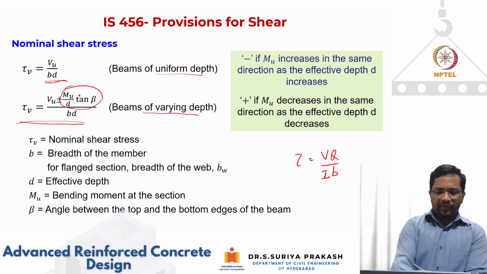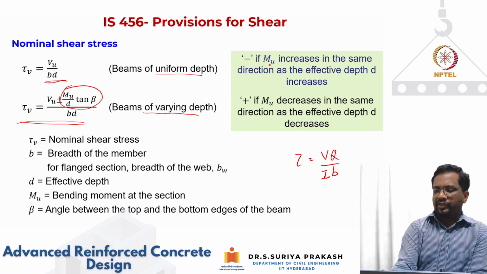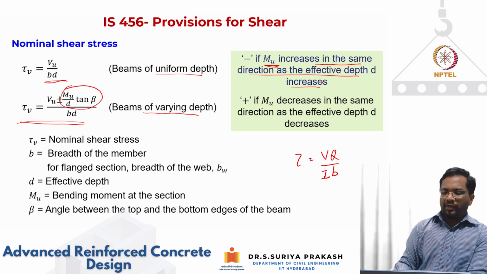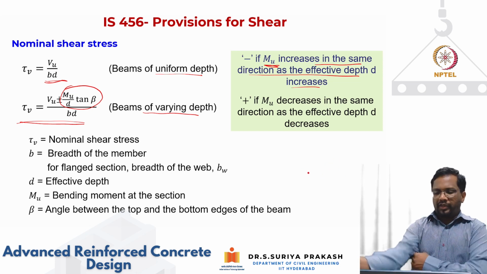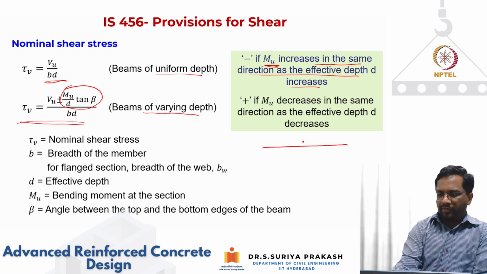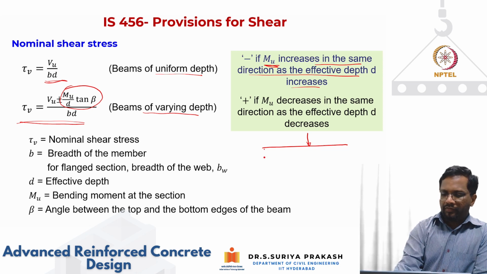Okay, so usually we consider plus when your moment demand is increasing in the same direction as the effective depth is increasing. So what does that mean? For example, let's say that I have a beam like this. Now what would be the bending moment diagram? We know that the bending moment diagram is going to be like this with PL by 4, right?